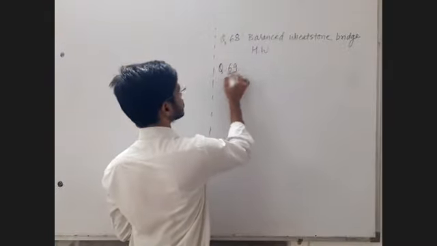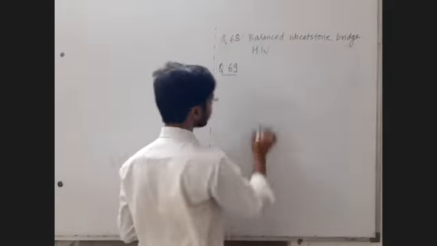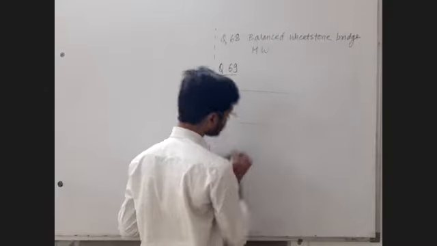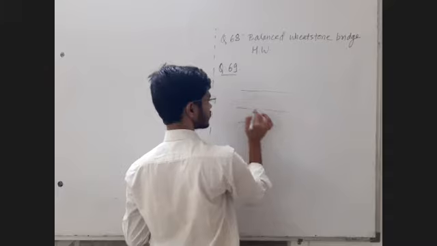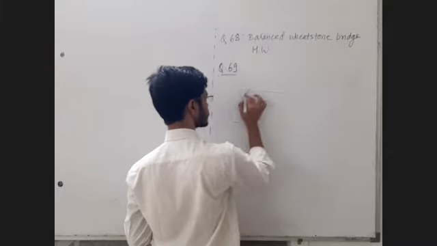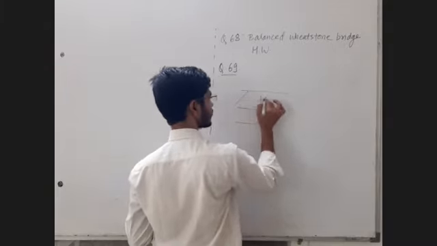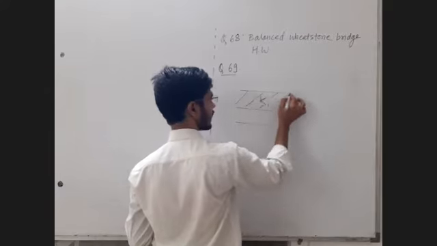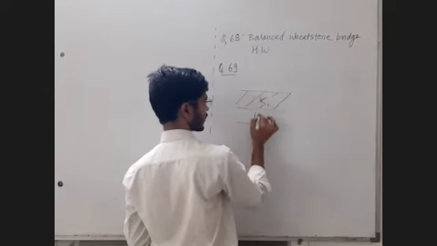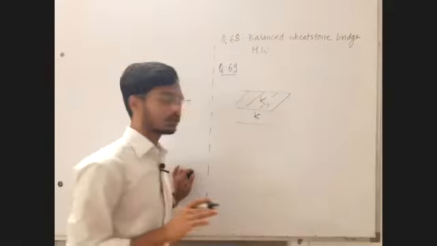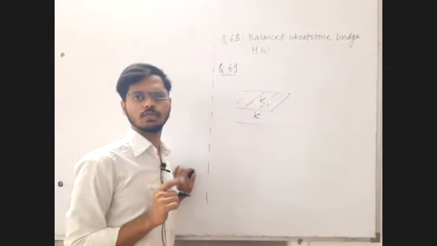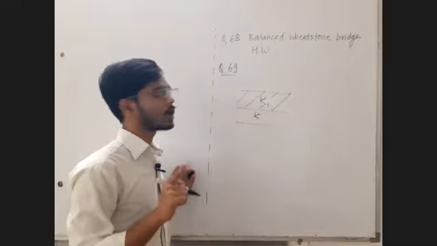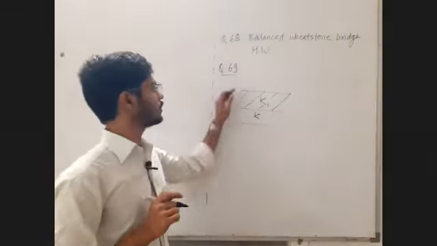You are given a plate like this, and in this region, now this is not a third plate, they have placed a medium having dielectric constant K1, and here they have a second medium. Till now we solved questions in which only one medium was involved. Now you will be having multiple media between the plates.